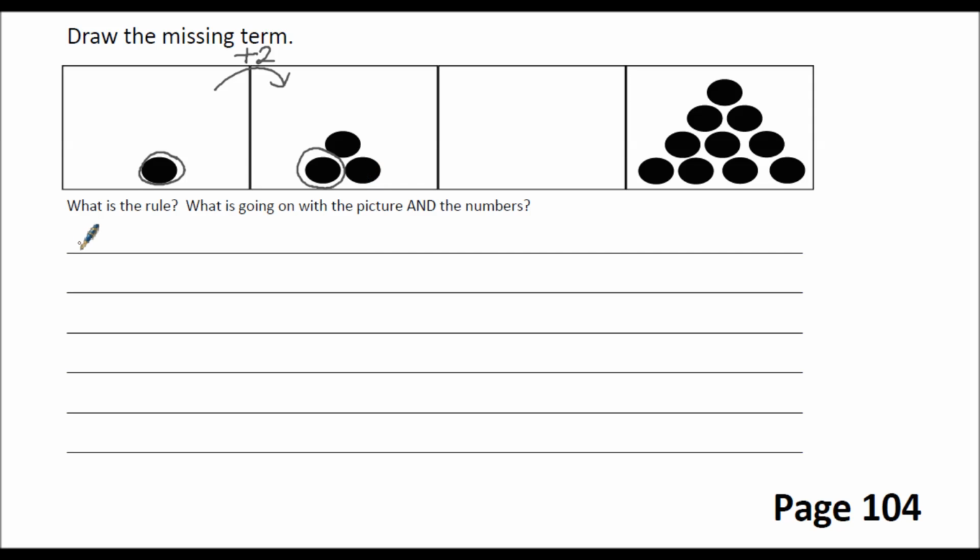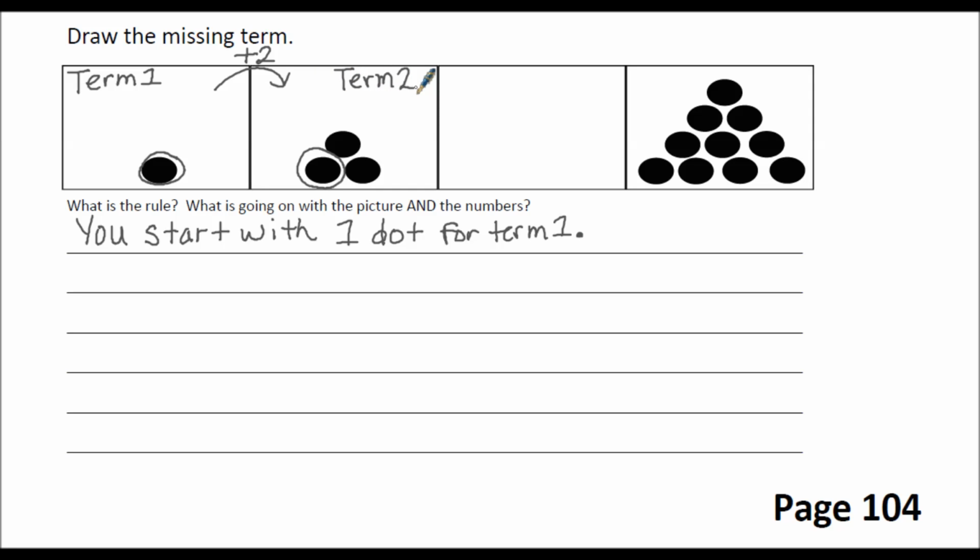So you start with one dot for term 1. Then you're going to add 2 to get to term 2. But we're adding them in a special way.